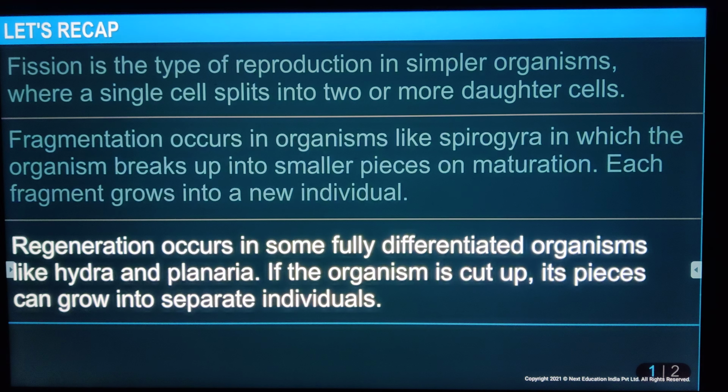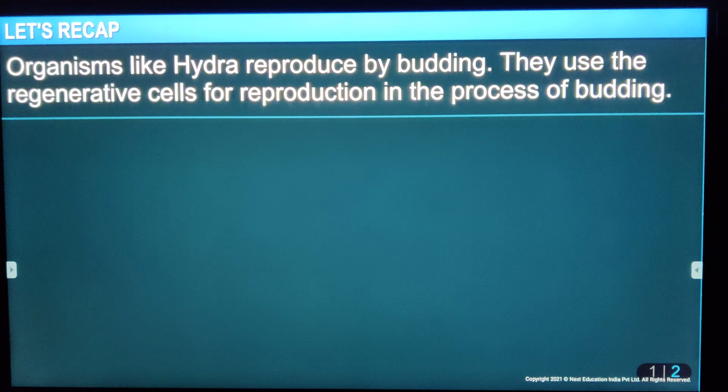Regeneration occurs in some fully differentiated organisms like Hydra and Planaria. If the organism is cut up, its pieces can grow into separate individuals. Organisms like Hydra reproduce by budding.